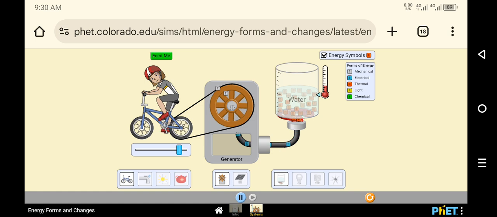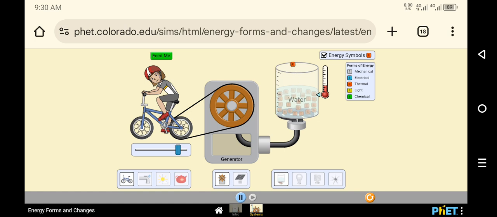When it goes to the heater, the electrical energy is converted into heat energy. So the water will be heated.